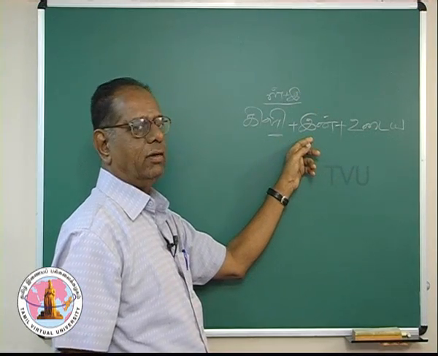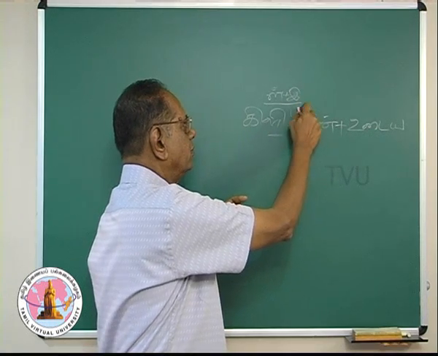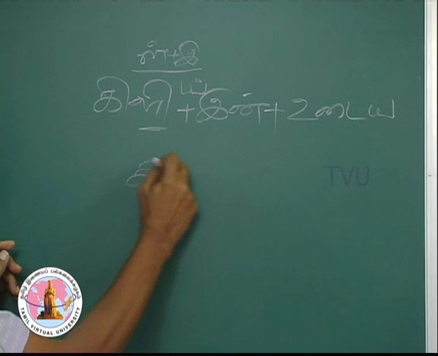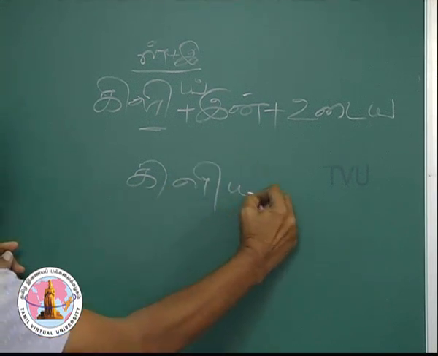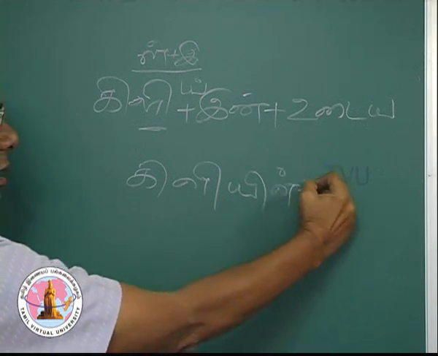and again a vowel coming in, we introduced a semi vowel. So this became Kiliyin. And then Udaya.